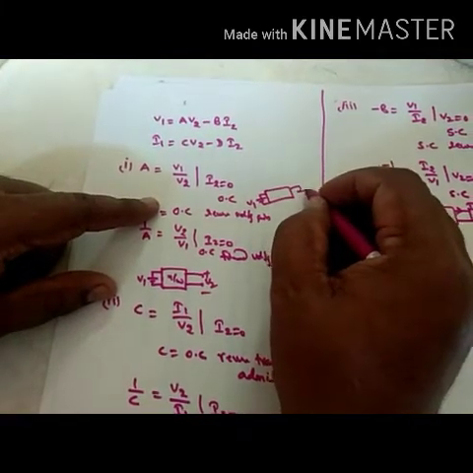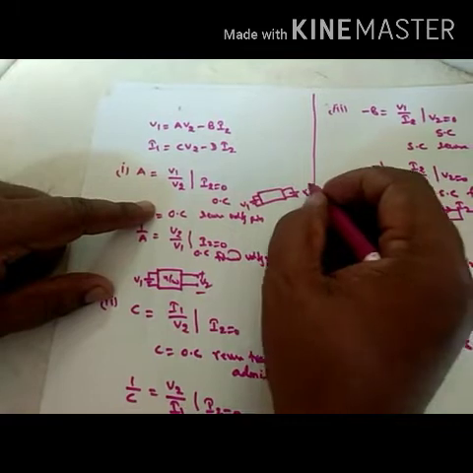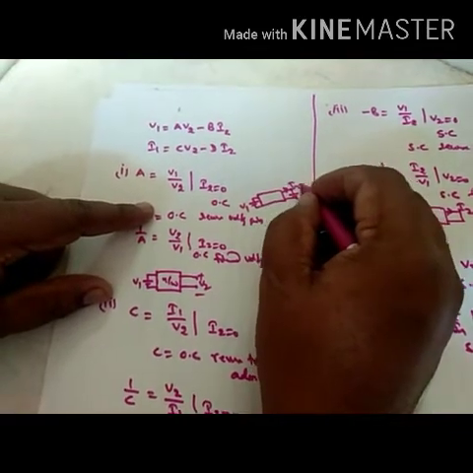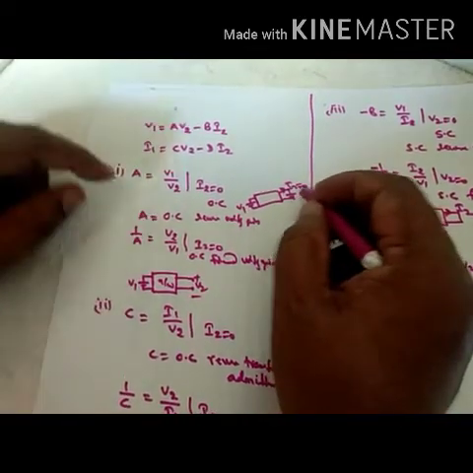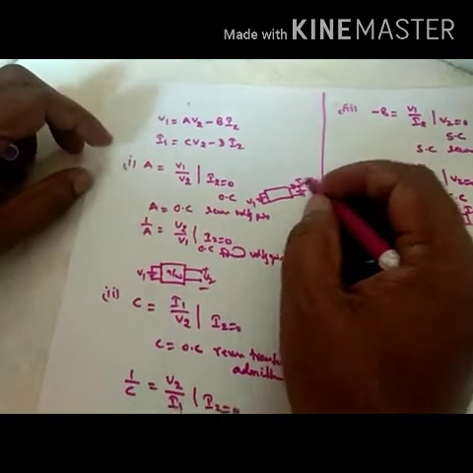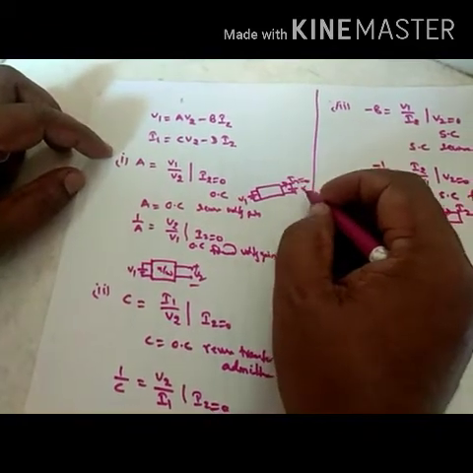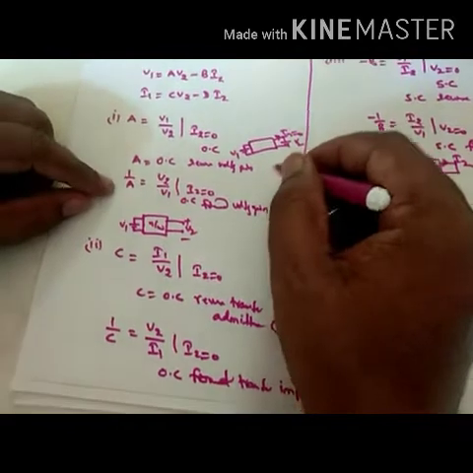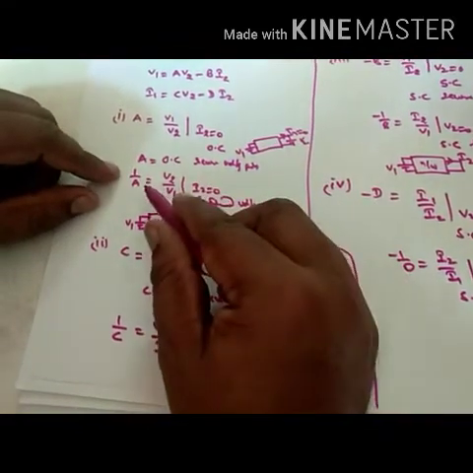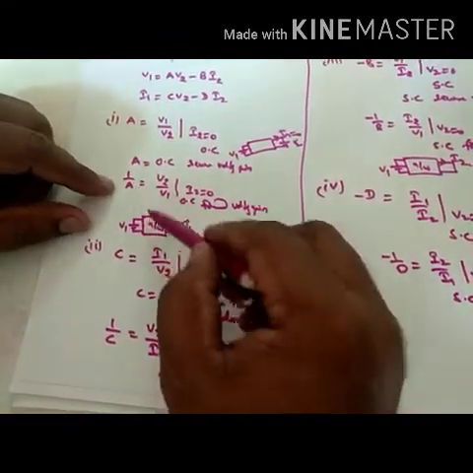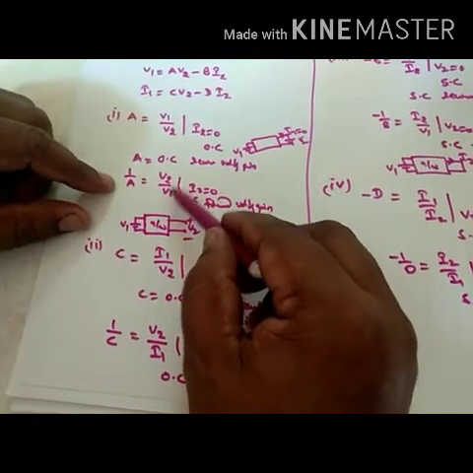Then measure V2 when I2 is equal to 0. It is difficult to measure in real applications. Okay, instead of that, measure 1 by A. 1 by A is equal to V2 by V1.